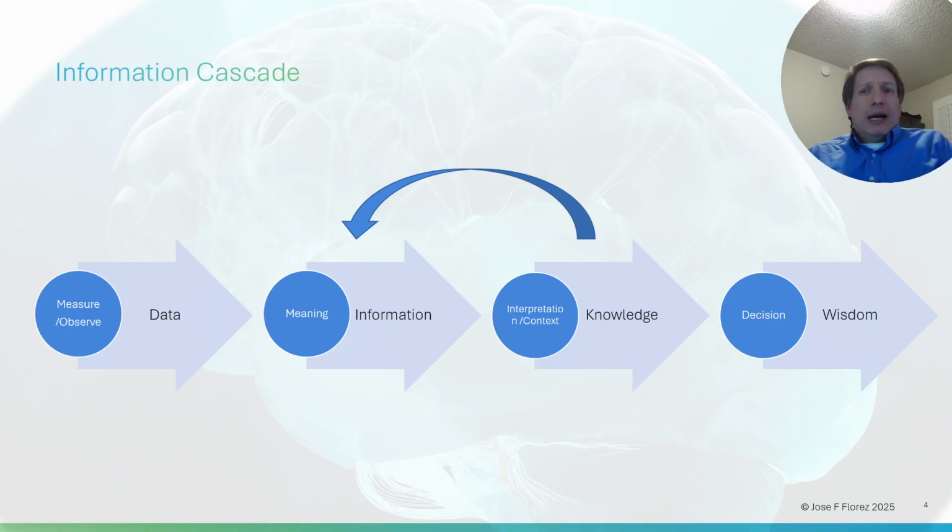But that's a trade-off, and that's really important because at the end, what information systems are trying to do is maintain this cascade in a consistent way, in such a way that people with a similar context and similar knowledge can obtain similar information, or at least approach it.